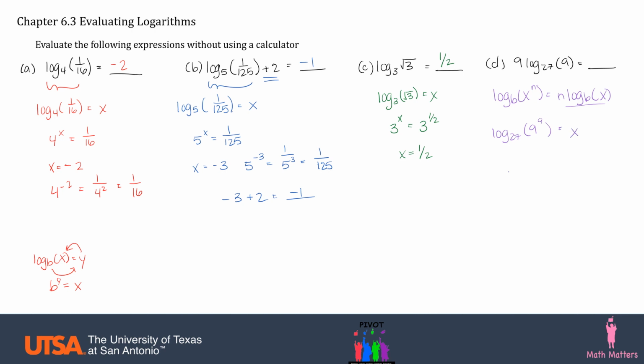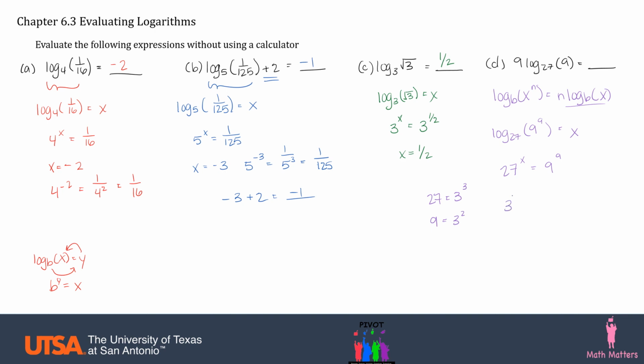So then from here, we raise 27 to the x equals 9 to the 9th power. And so what we can do from here is change these bases. We know that 27 equals 3 cubed, and we know that 9 equals 3 squared.